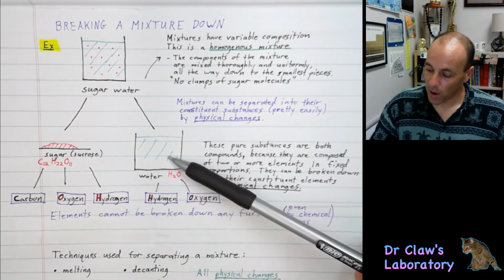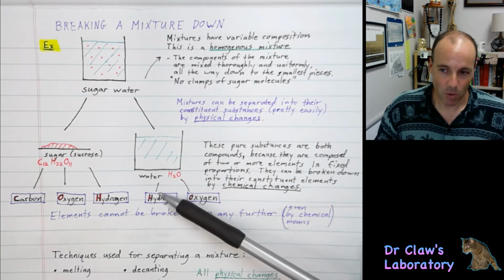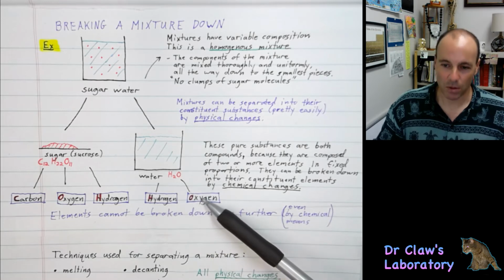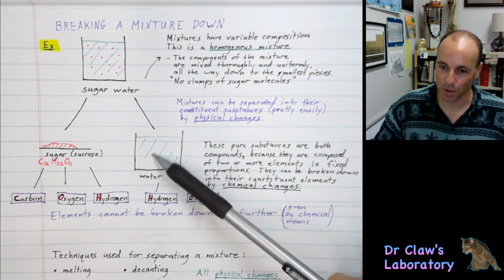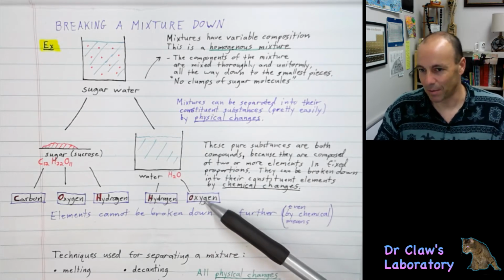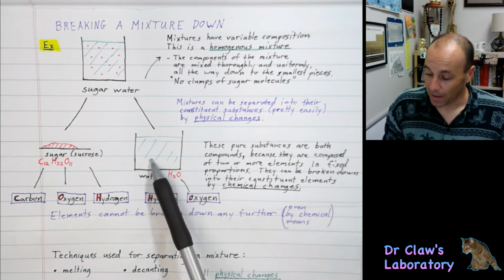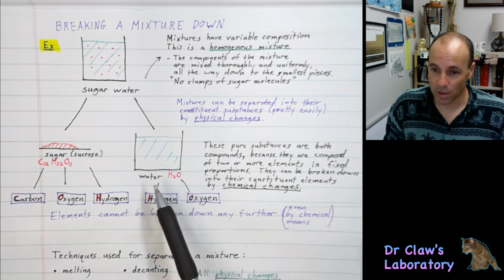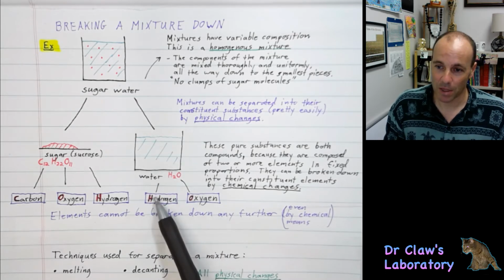To break down water into its constituent elements requires a more vigorous process. It requires a chemical process. We actually have to change the identity of the substance. We're starting with water, and now we're getting hydrogen and oxygen afterwards. So it requires chemistry. This is a compound because it's composed of the same proportions of hydrogen to oxygen. You remember, water always has 89% oxygen and 11% hydrogen.